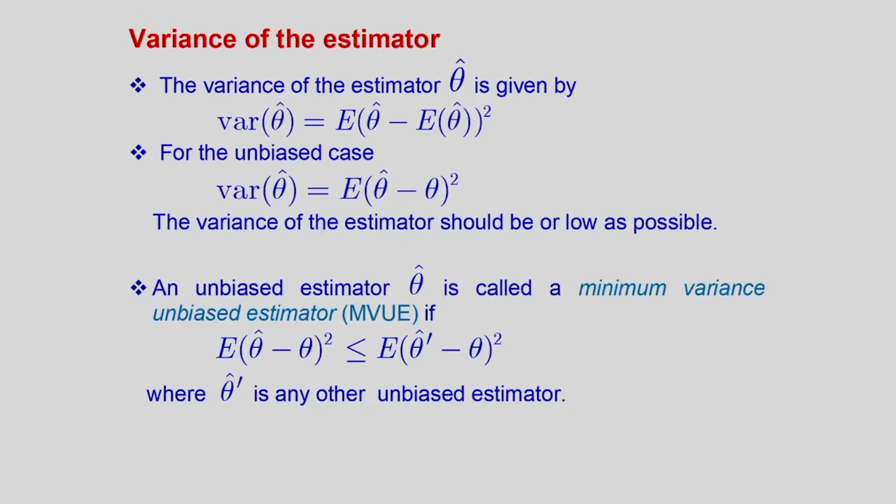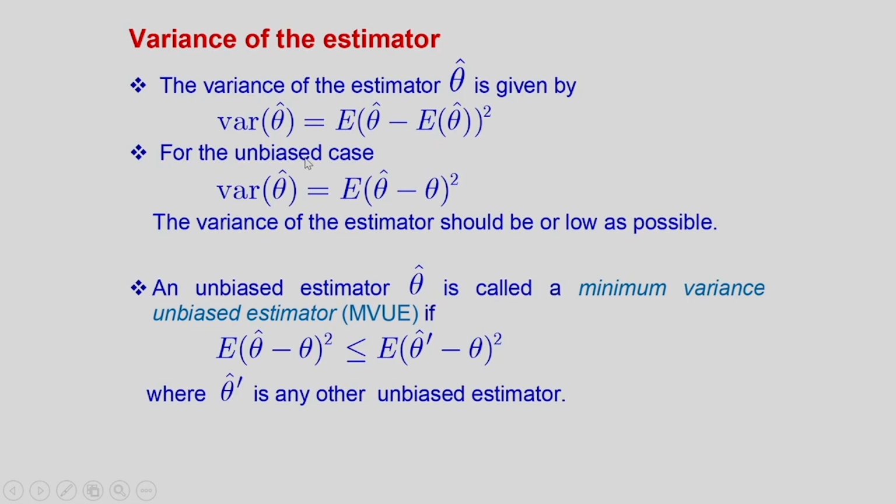So we considered the mean of the estimator; now we will consider the variance of the estimator. The variance of the estimator theta hat is given by E of (theta hat minus E of theta hat) whole square. That is the variance, the random variable and its mean.